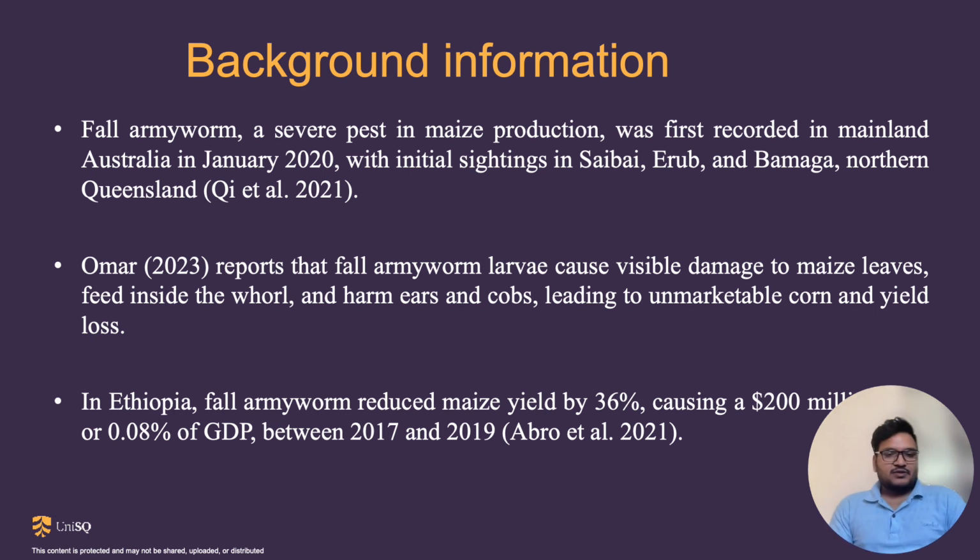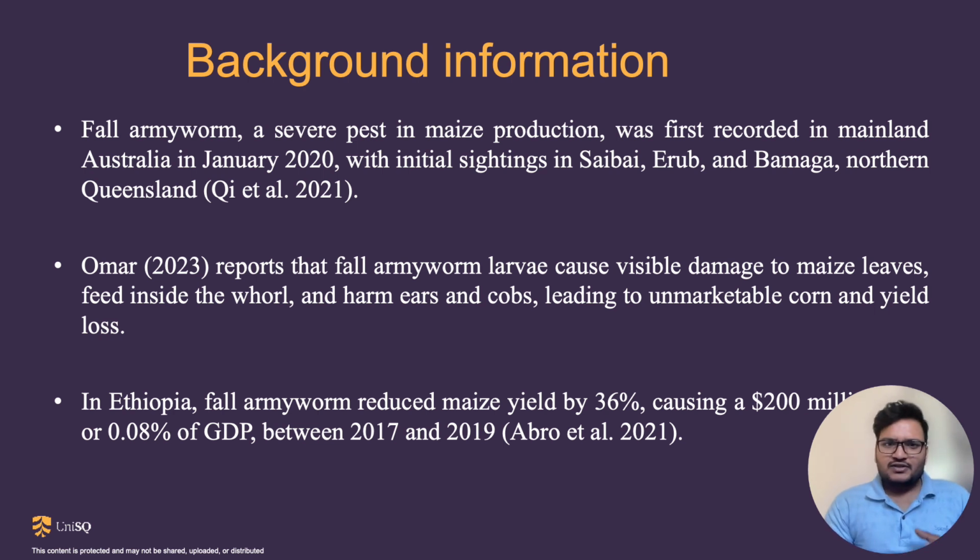The life cycle of the fall armyworm consists of egg, larva, pupa, and adult. They can complete their life cycle in 23 to 27 days under favorable conditions. The larval stage is one of the most devastating stages of the fall armyworm, and they are mostly active during dawn and dusk.